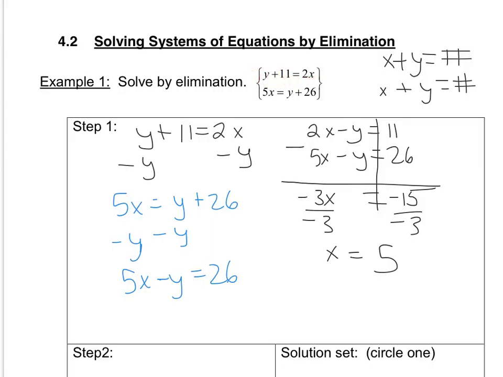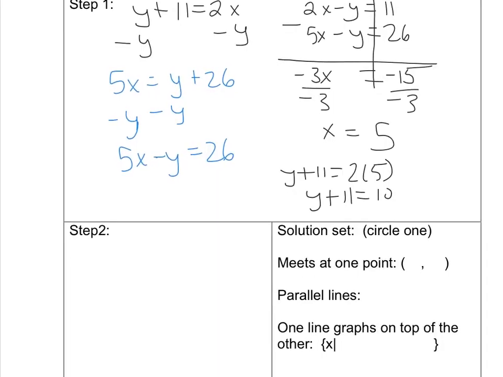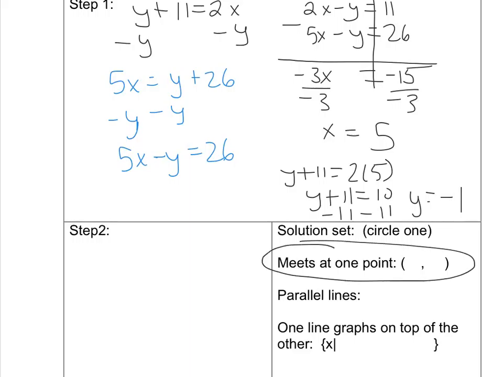So y plus 11 equals 2 times 5. So y plus 11 equals 10. Subtract the 11, you get y equals negative 1. So they meet at one point, and the point is 5, negative 1.